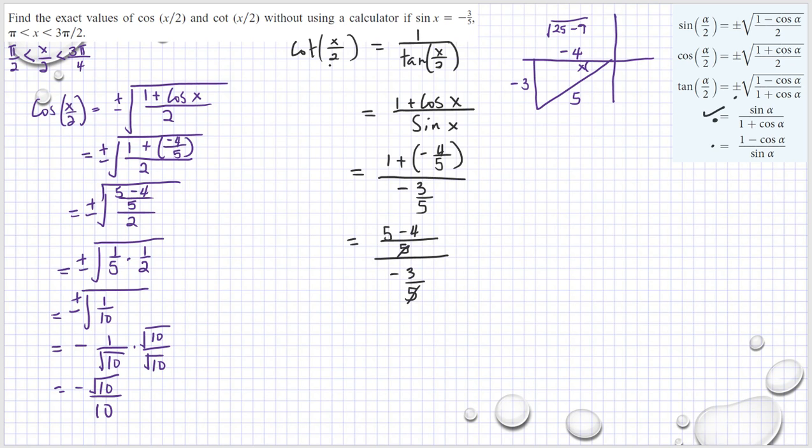This will become negative 1/3. And tangent in the second quadrant is negative, so it's also negative for the cotangent. So that's alright.